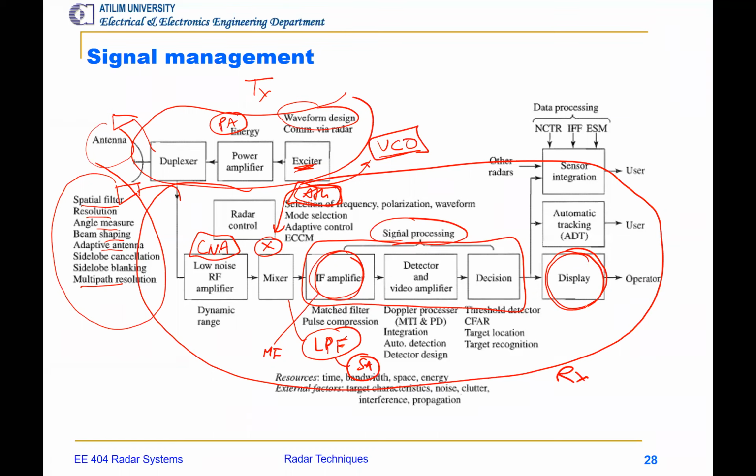Okay, so as you can see, there are too many things regarding a radar system. This is a quite complicated system. We have actually studied very basic concepts in radar systems. In practice, we have some resources, as you can see here.